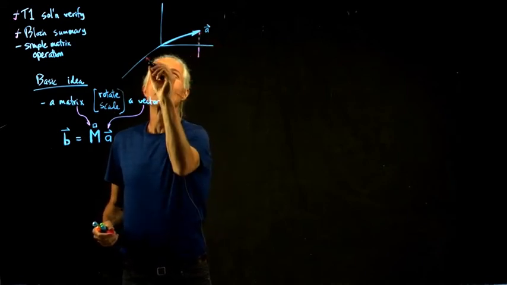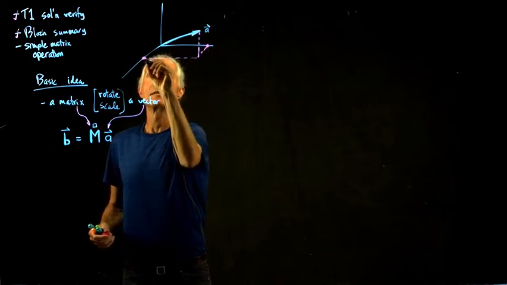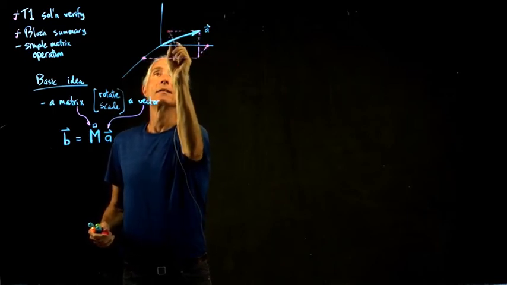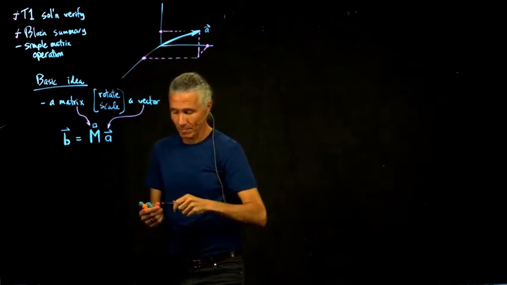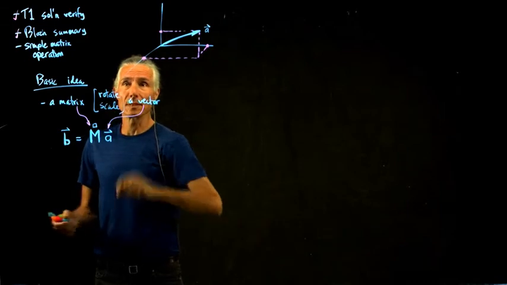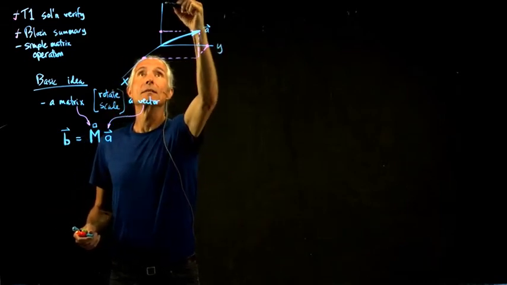There's one, there's another one, and there's the third one. Those are the XYZ components. We'll put our standard X coming out this way, Y and Z going up that way.